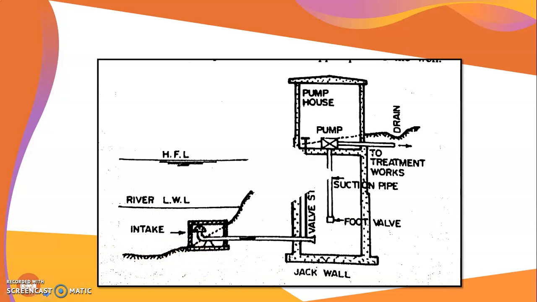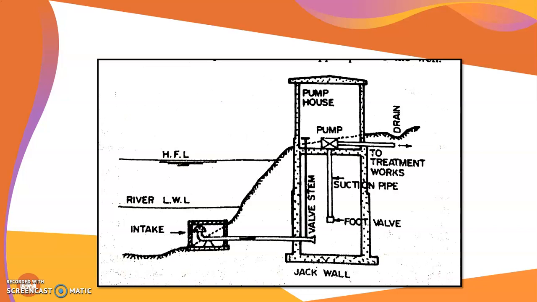This is another example of the river intake, where the intake is not constructed inside the river but on the banks, and a special intake structure has been erected which will accept the water from the river. Such intakes or entries are constructed well below the lowest water level so that water will be available throughout the year.